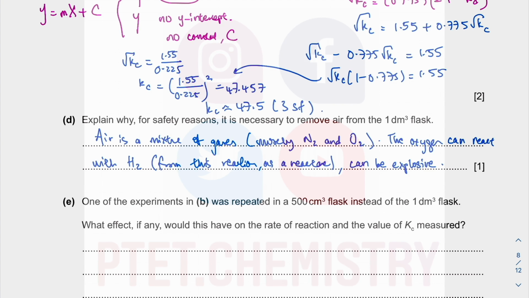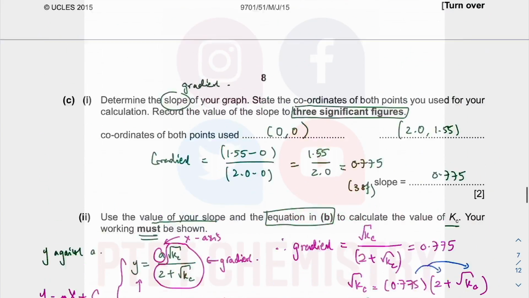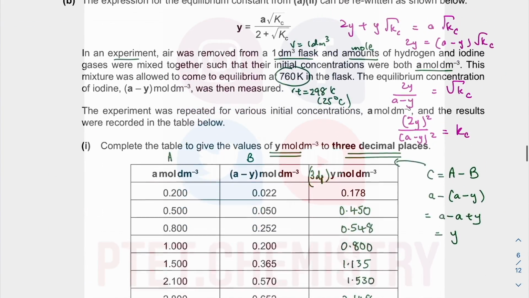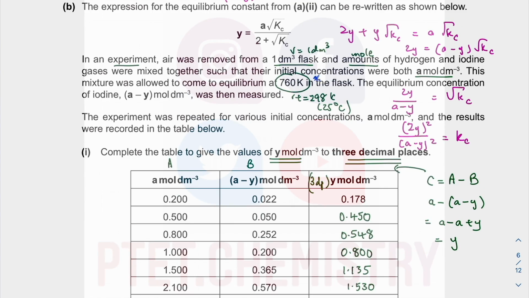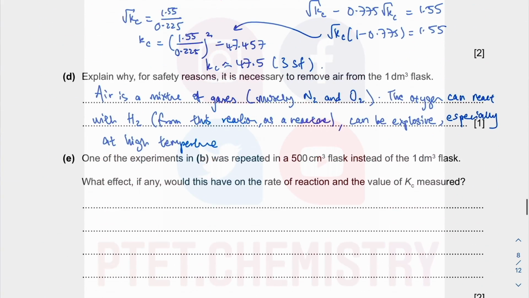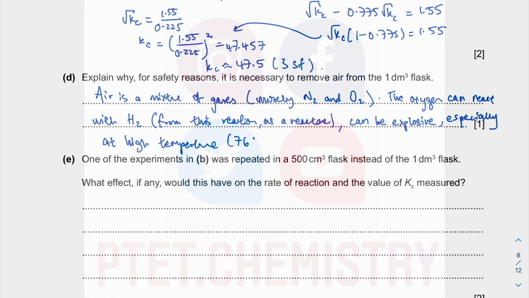So it can be explosive, especially at a high temperature. Because if you remember, you did the reaction not at room temperature. I talked earlier about when you read the question, you did it at 760 Kelvin. That is way higher, 760 Kelvin. So it's just for safety reasons, and you've got to outline why and how it is not safe.